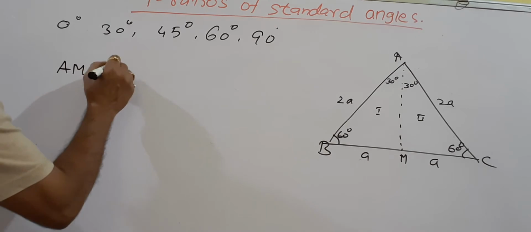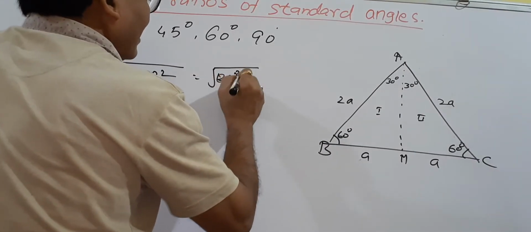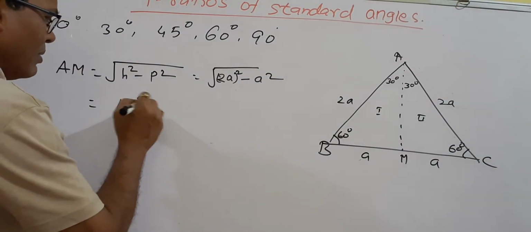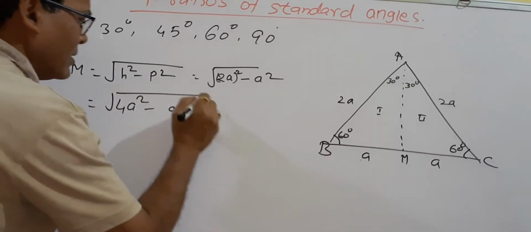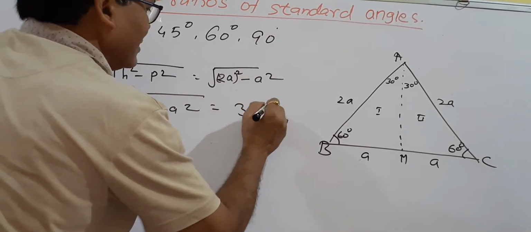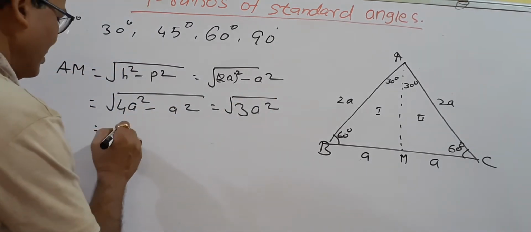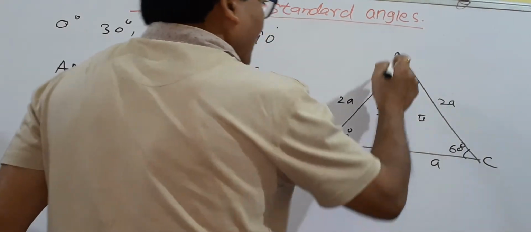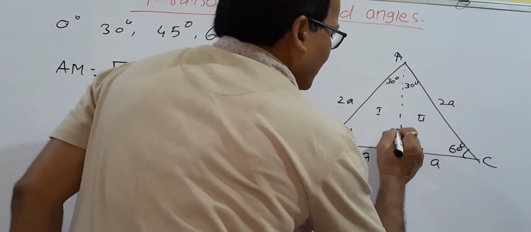AM is equal to square root of h square minus b square, which is the square root of 2A square minus A square, equal to 4A square minus A square, the square root of 3A square. The value of this perpendicular AM will be A root 3.